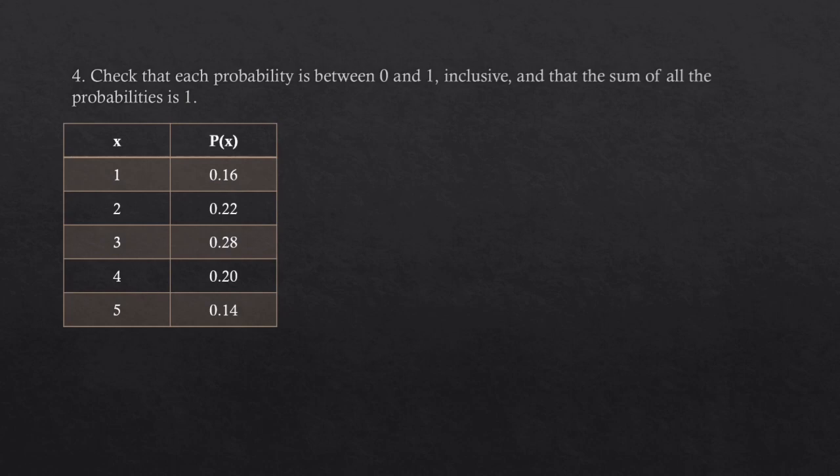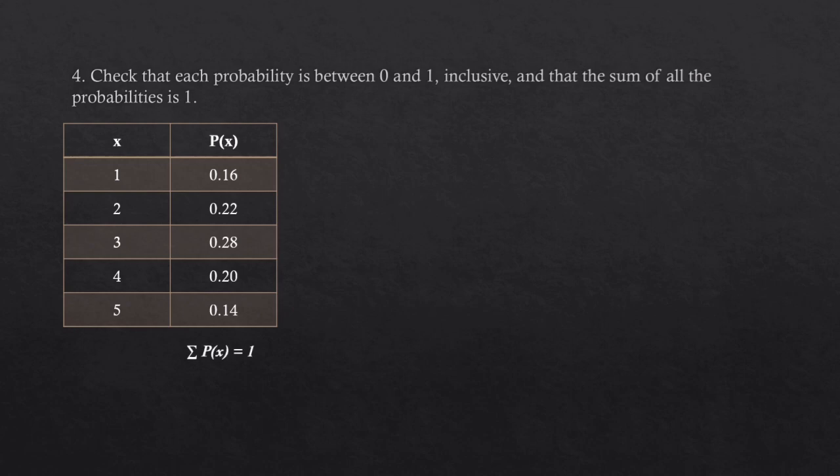And the last step is to check that each probability is between 0 and 1 inclusive, and that the sum of all the probabilities is 1. As you can see in the table, the probabilities are 0.16, 0.22, 0.28, 0.20, and 0.14.